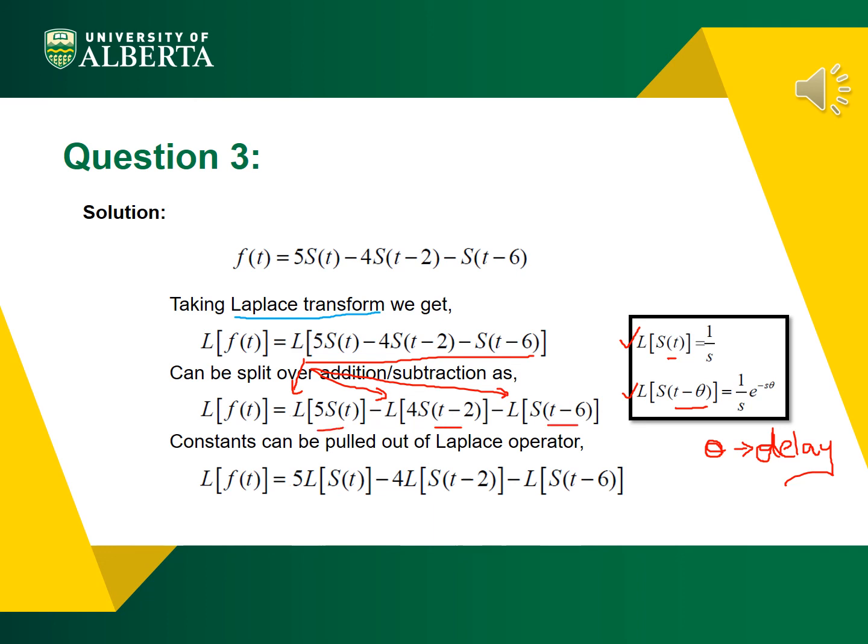So I am taking the Laplace of each of the terms here. And then the Laplace of a constant number is a constant again. So I can pull the constants out of the Laplace operator. So what I would get is given at the bottom.